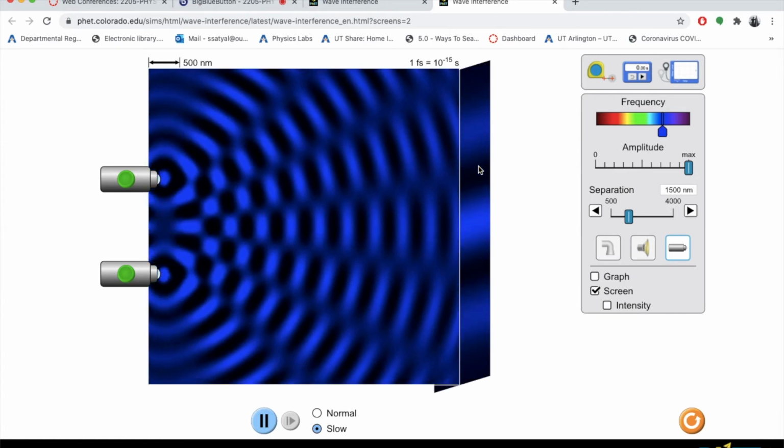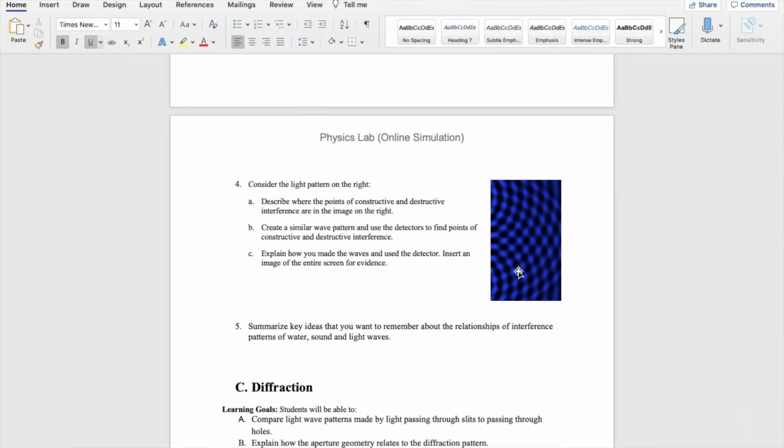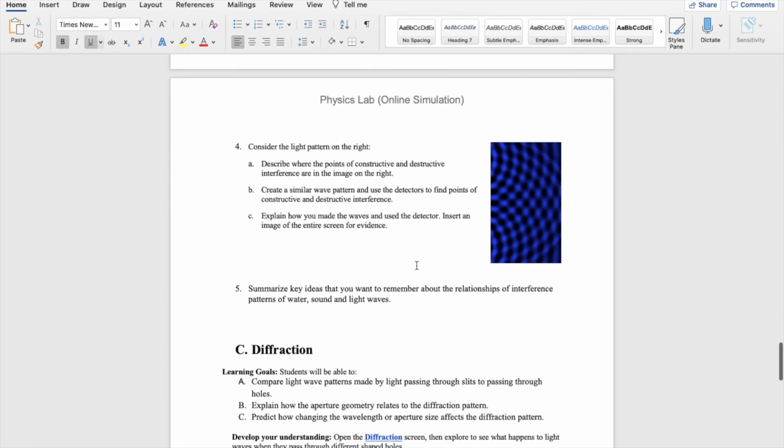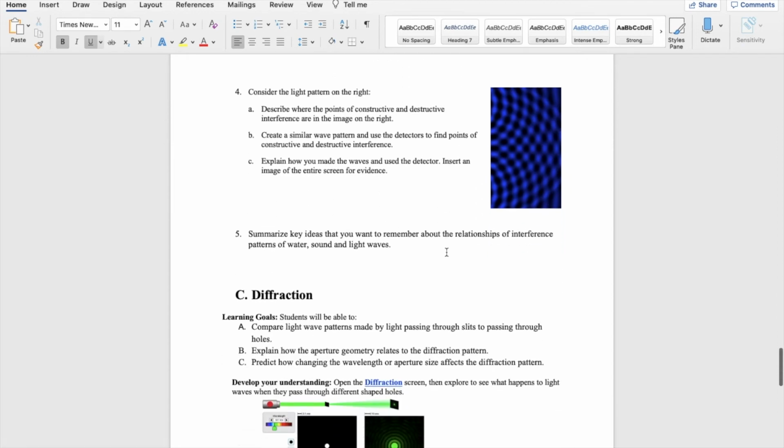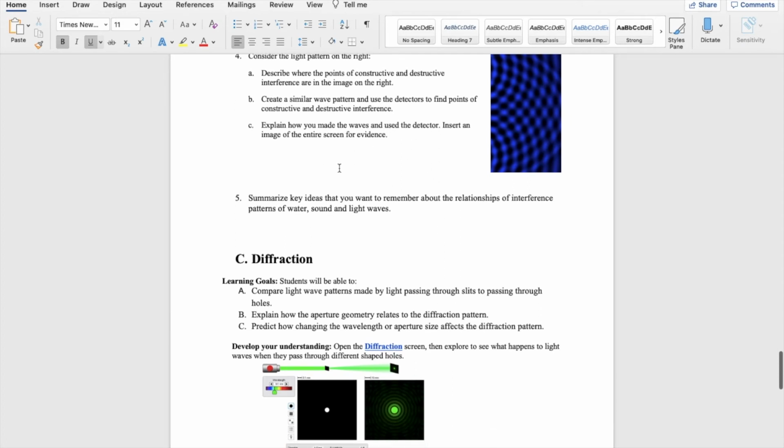You'll see the constructive and destructive blue fringes here, and explain where the points of constructive and destructive interference are in the image on the right hand side. Create your similar pattern, explain how you made the waves, and use the detectors, and use your entire screen for evidence.